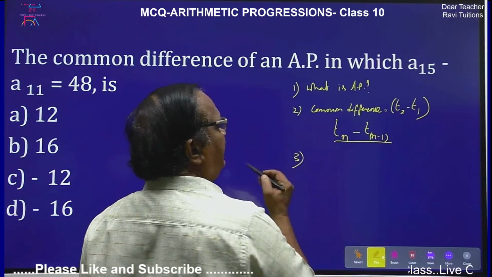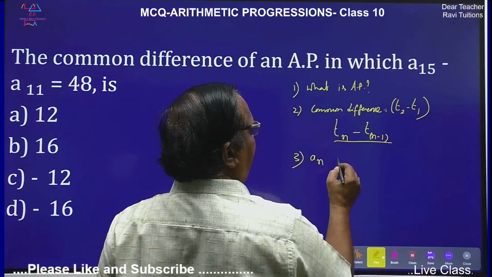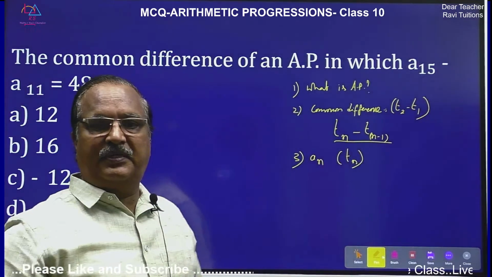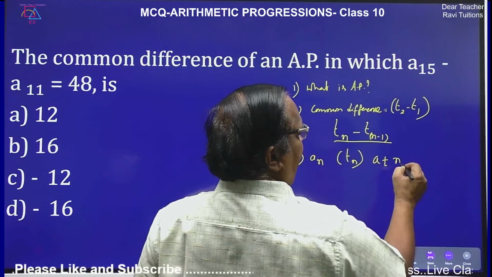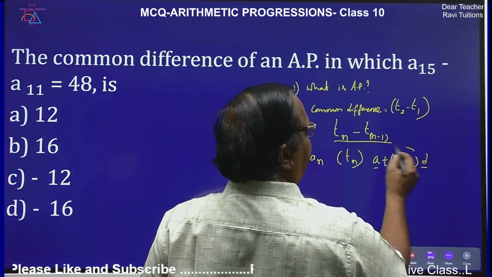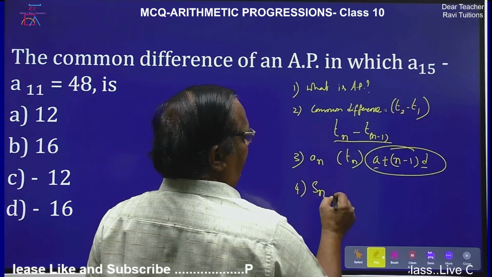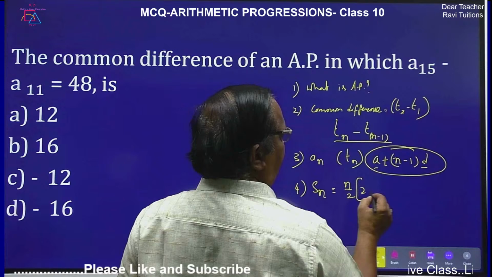The third one is the nth term formula. Some people will say Tn formula. That means the nth term formula, that is a plus (n minus 1) into d. A is the first term, d is the common difference. And the fourth one is Sn, n by 2 into (2a plus (n minus 1) into d).